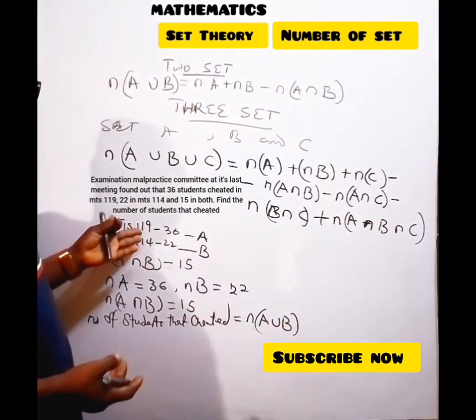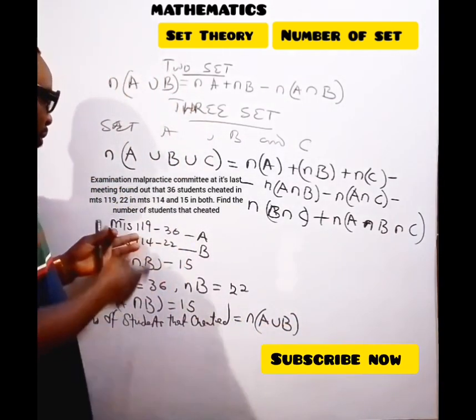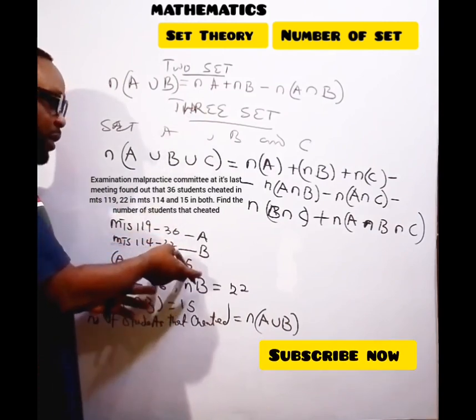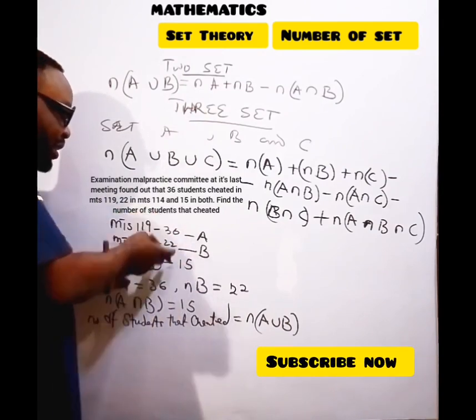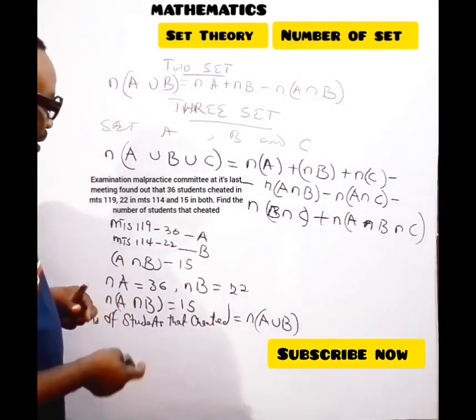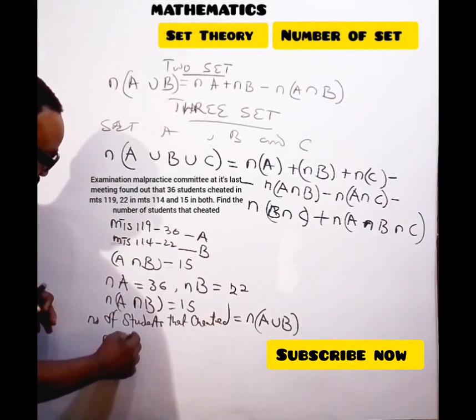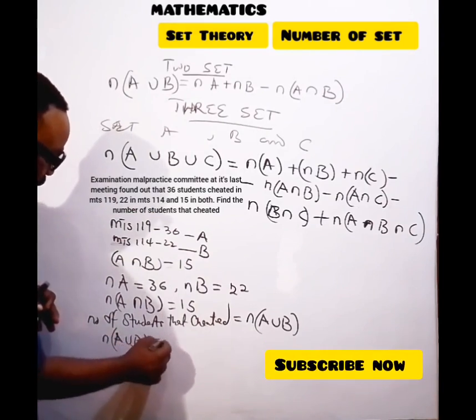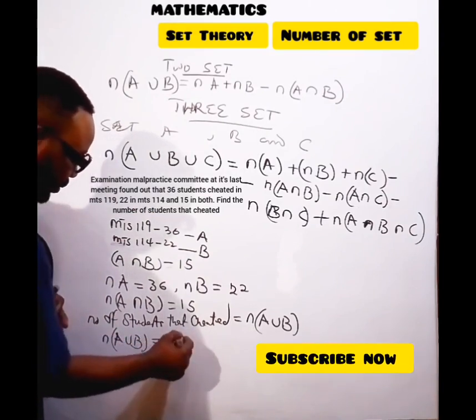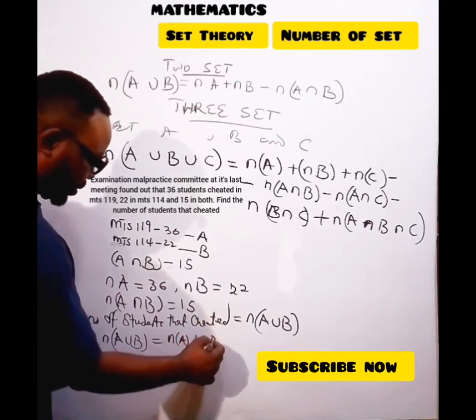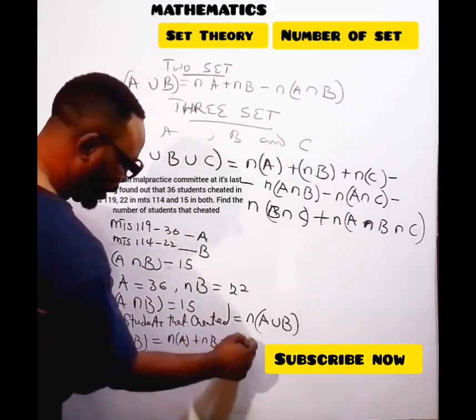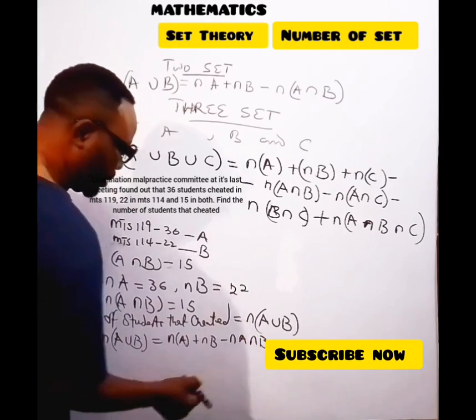They cheated in this, they cheated in this, but 15 students among them cheated in the two of them. So we can now say that number of A union B will be equal to number of A plus number of B minus number of A intersection B.